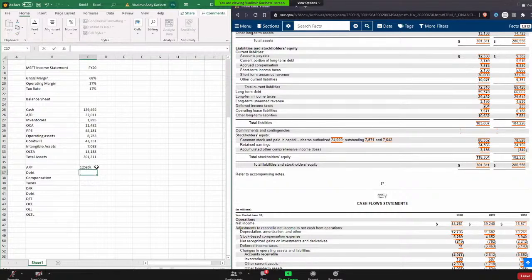The current portion of long-term debt goes into debt, 3,749. Let's see what else they have as debt. Okay, long-term debt, yes, that's debt, 578. Yeah, okay, so that's their debt.